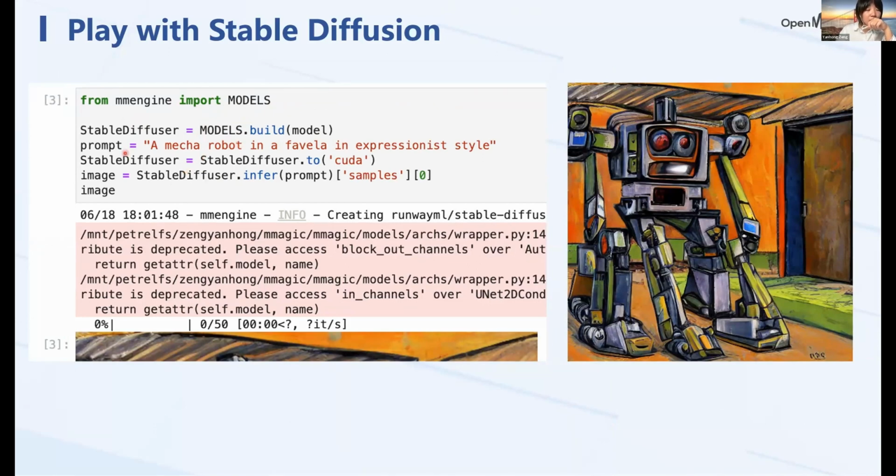After building the Stable Diffusion, we can put the model onto GPU, and then we call the infer function and input the text prompt. It can directly generate an image according to the prompt. So this is the first way to play with Stable Diffusion.